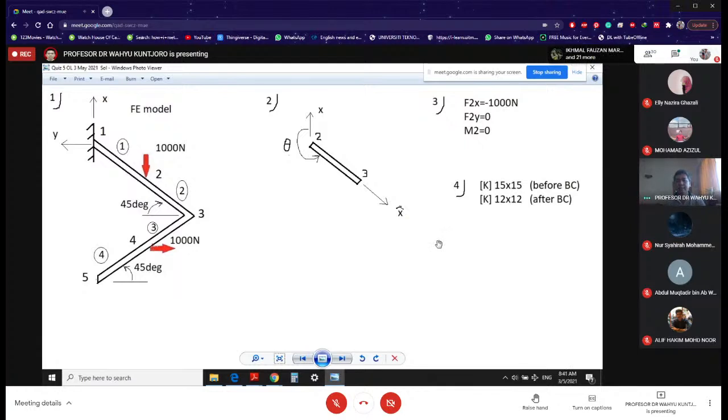In my case, I do it based on what I regard as practical, from the low node number to the higher node number. So that is my local axis x, the direction from node number 2 to node number 3. And because of that, the way you measure theta is as you see over here: from positive x global to positive x local, in the counterclockwise direction.